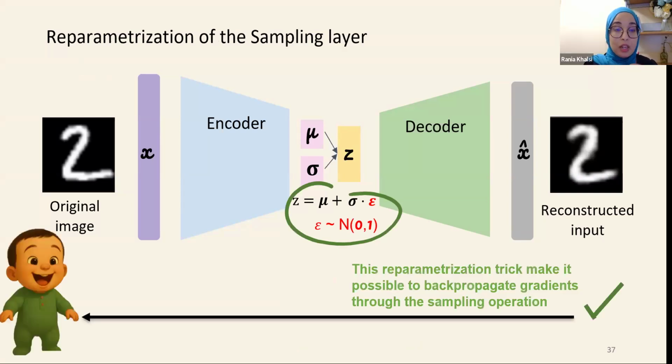So this trick allows us to backpropagate perfectly. And what we do now is backpropagate through the entire network, and this enables us to train the variational autoencoder end-to-end using standard gradient-based optimization techniques like Adam, for example, okay?